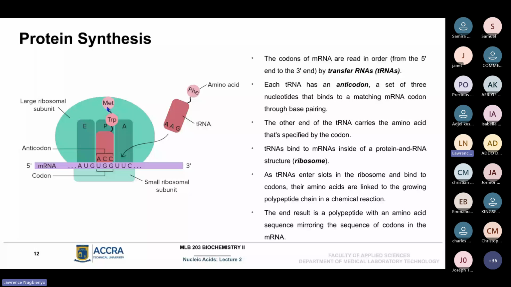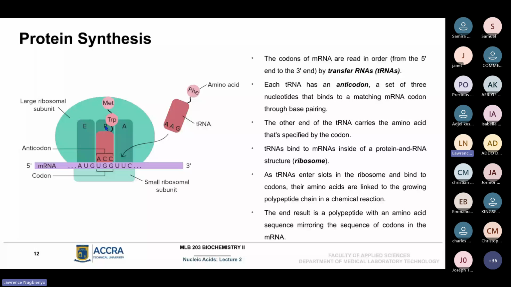The P stands for peptidyl. A peptide is being formed. This is showing methionine, tryptophan, so you can say this is a dipeptide. Peptides are being formed here, and so this site is referred to as the P site, the P standing for peptidyl site.